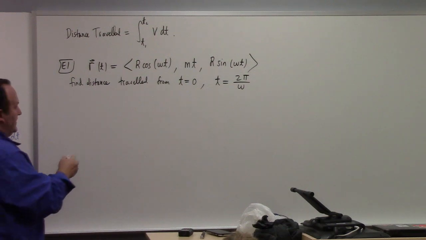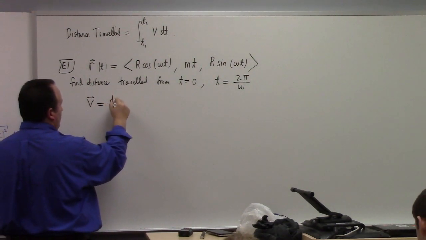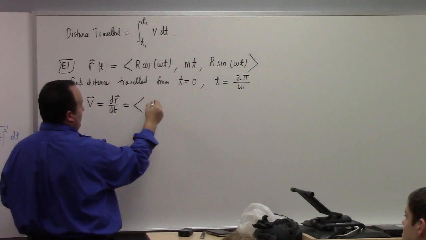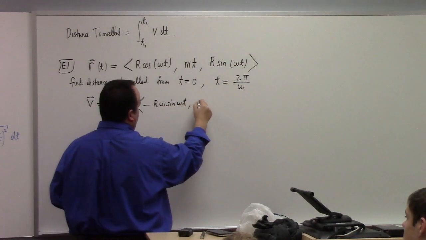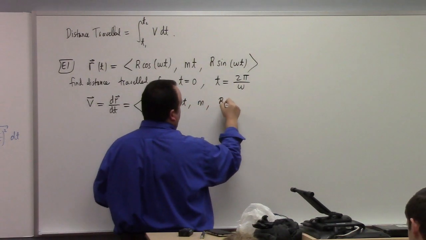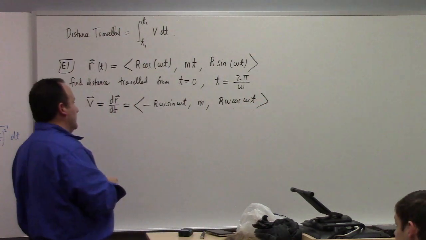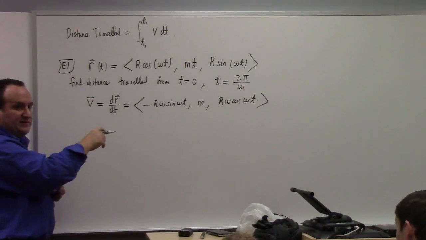Here, omega and m are just constants. So what's the velocity? Can you differentiate? We've got minus r omega sine omega t, m, r omega cosine omega t. So there's your velocity. What's the speed? We need to calculate the magnitude of this vector.